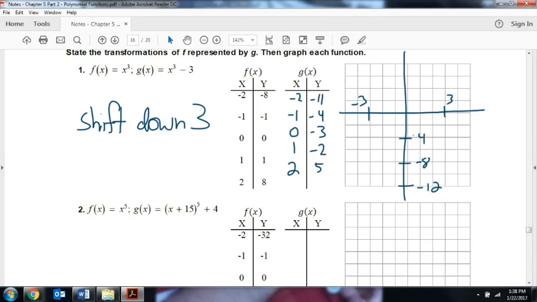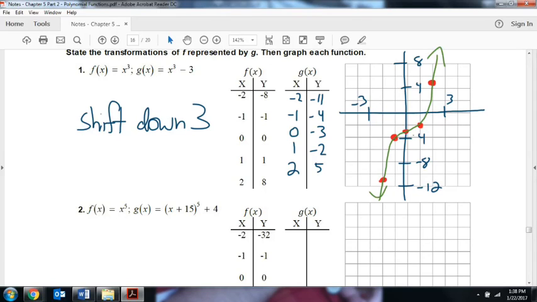So here we go. -2, -11. That's 8, 9, 10, 11. It'll be right there. -1, -4. 0, -3. 1, -2. And 2, 5. You get something that looks like that. It is simply the same shape but shifted down.